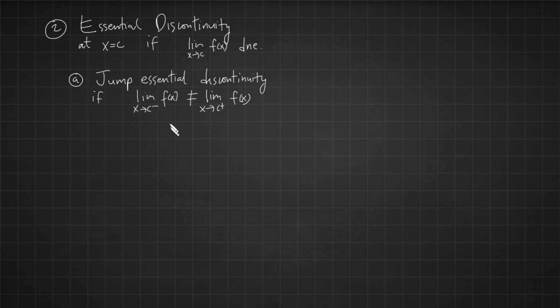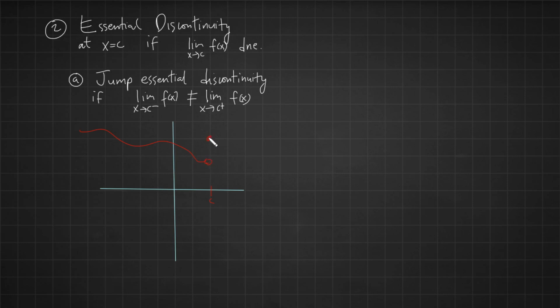So graphically, ito yung nangyayari. Suppose nandito yung c, and then ito yung function, ito yung itsura ng function from the left of c. So kung ano man yung value ng y coordinate dito sa hole na to, yun na yung value ng limit from the left.